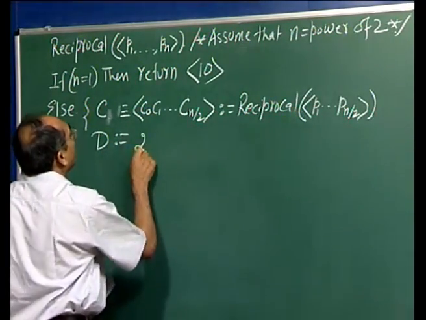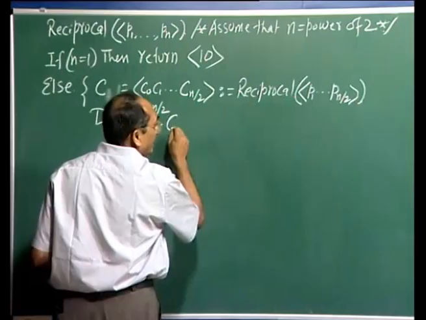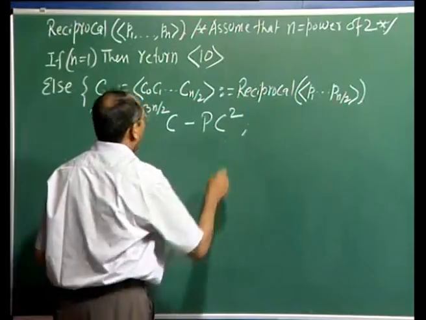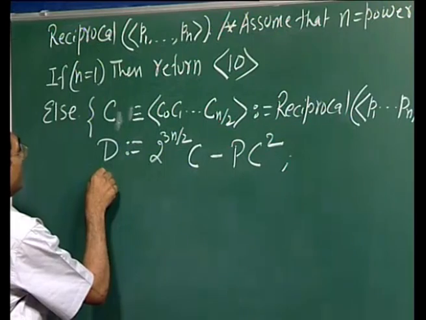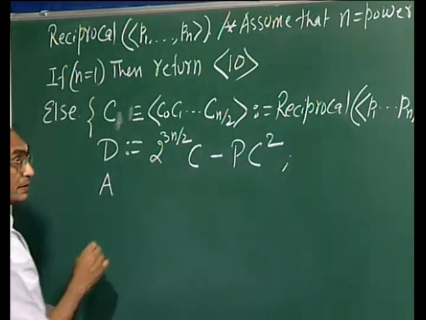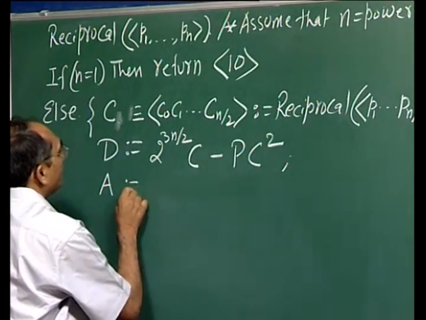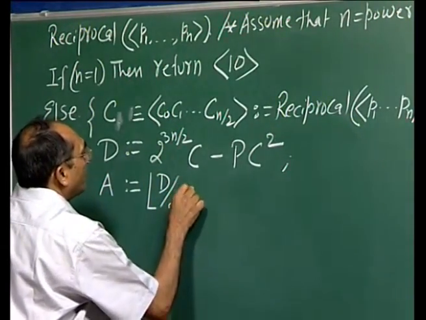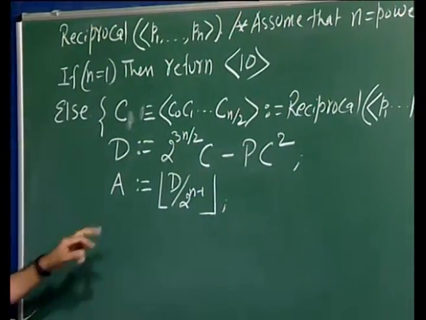That will be 2 power 3n by 2 c minus p c square. We'll define a to be the floor of d divided by 2 power n minus 1. Now, this is our desired a.